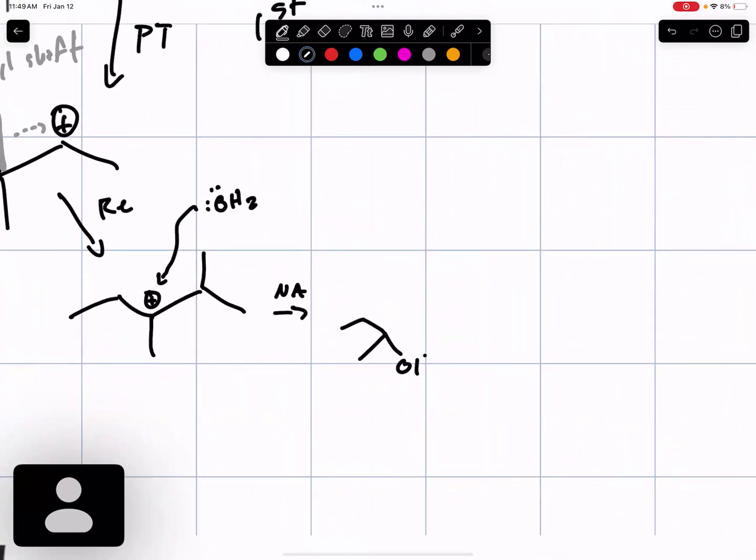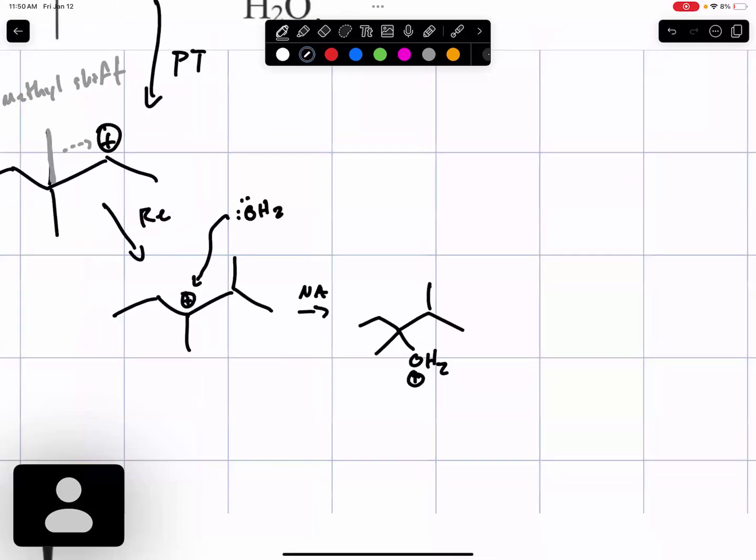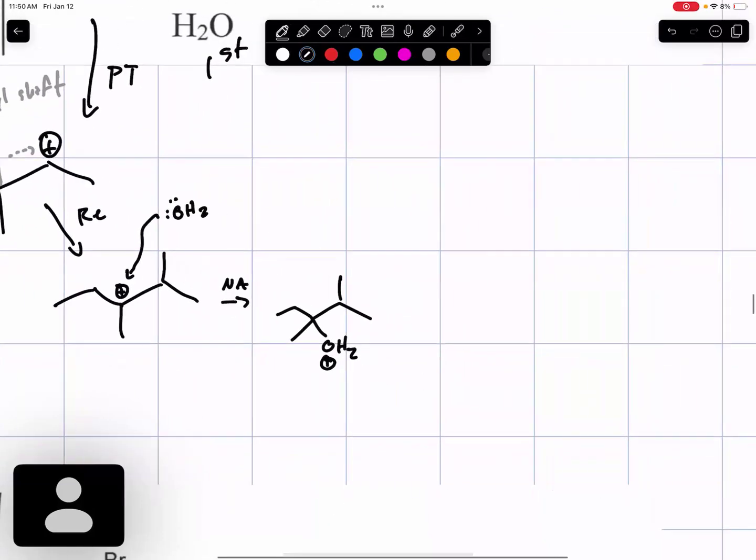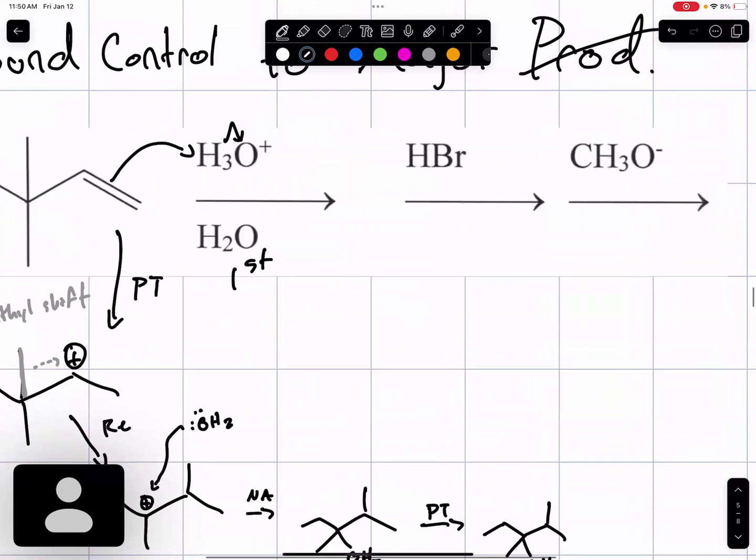We get something that looks like this. Correct? And then we deprotonate it, right, with another water molecule. I'm not going to show that, but we're going to deprotonate that. And then we end up with something that looks like this. That is our first product. This is the first product. Okay? So it's something that looks like this.